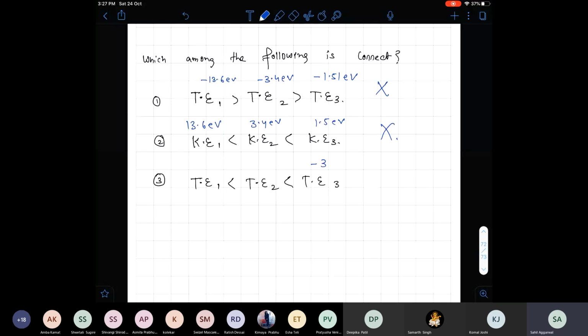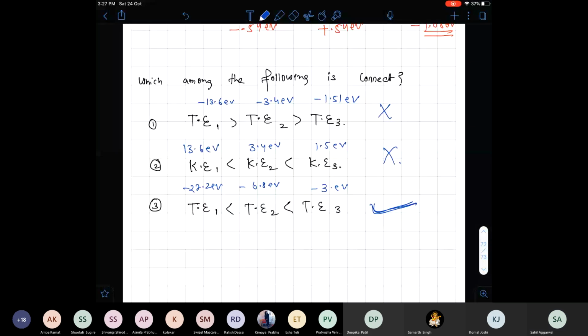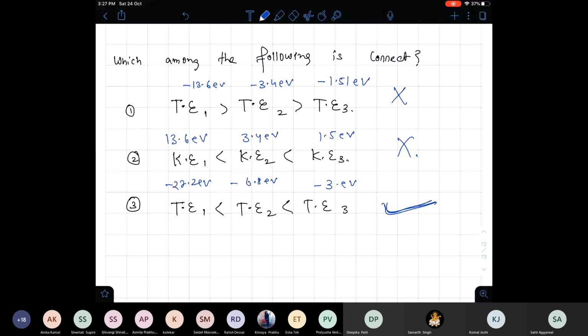This one is minus 3 electron volt, minus 6.8 electron volt, minus 27.2 electron volt. This is correct. Understood? Any doubt to anyone in this?